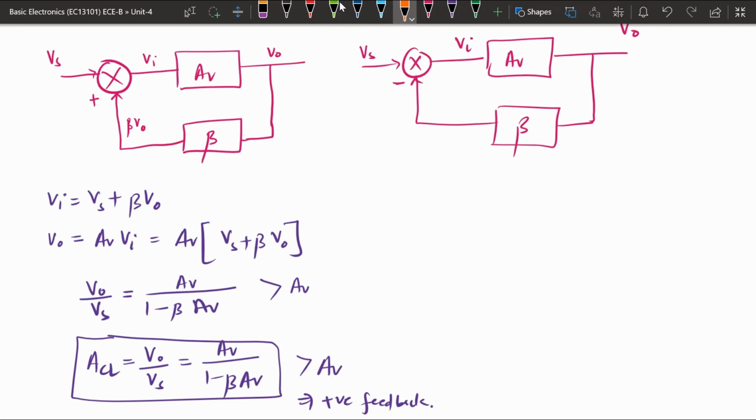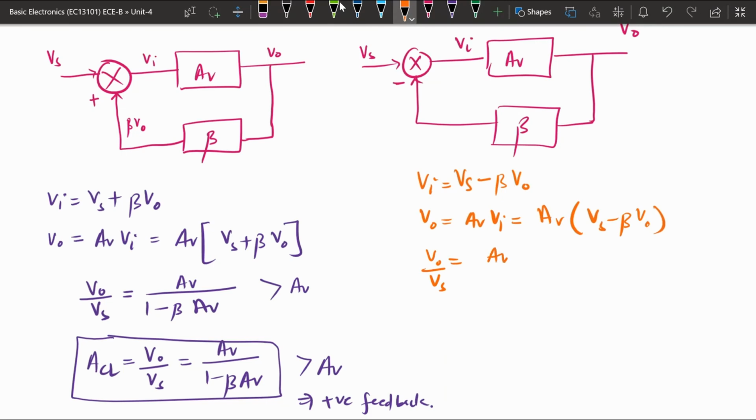So in case of negative feedback, the input voltage will be considered to be Vs, and this is negative, so it will be minus beta times V naught. And again the output voltage will be coming out to be AV multiplied by Vi. So AV multiplied by Vi is equal to Vs minus beta times V naught. So from there we can get the relation between V output by V input.